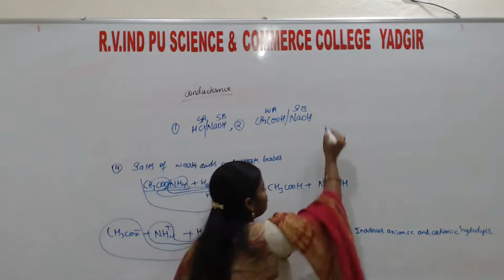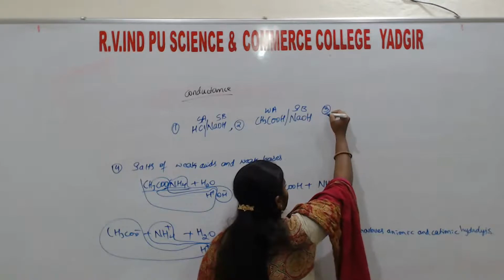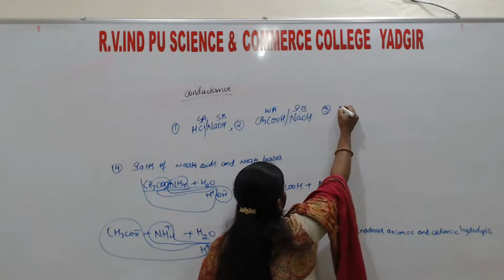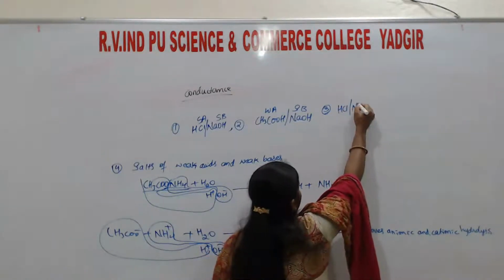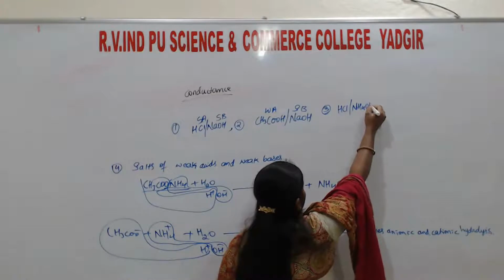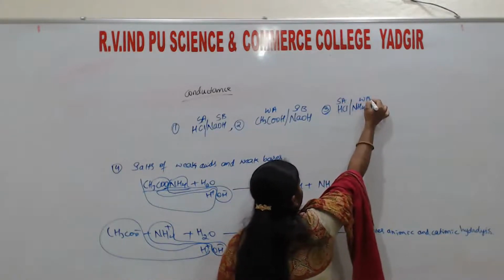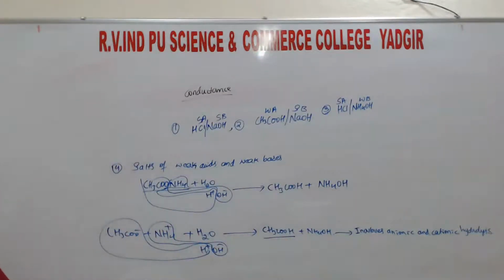Next, third one is strong acid, weak base. Strong acid is HCl, weak base is NH4OH. This is the third example.